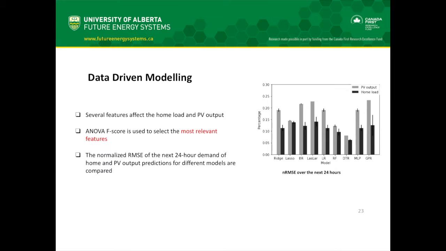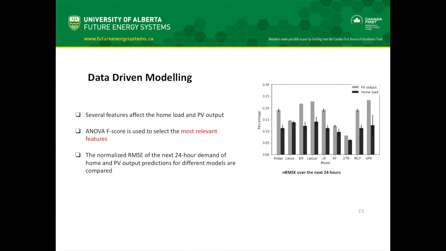In order to find the most relevant features, we use an algorithm called OFS score. And then, having found the most relevant features, we tried a variety of modeling techniques to find which one causes the minimum root mean square error for our next 24-hour prediction.